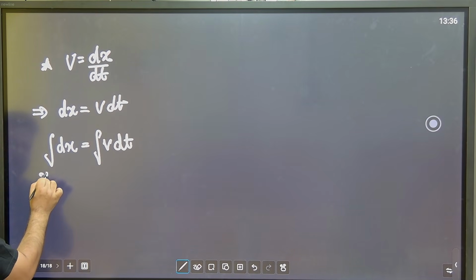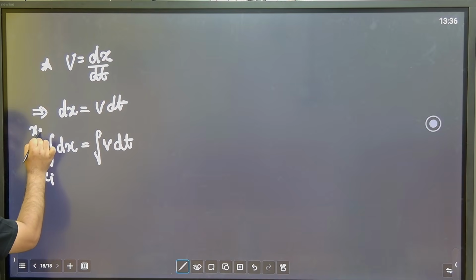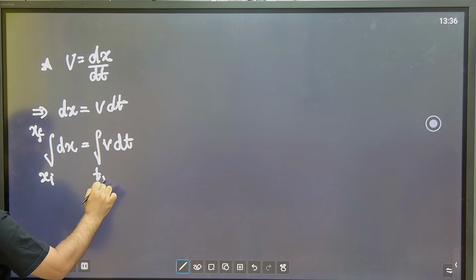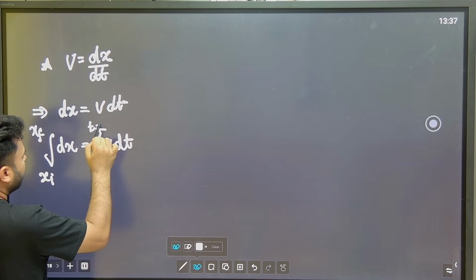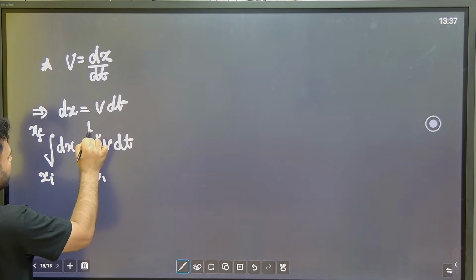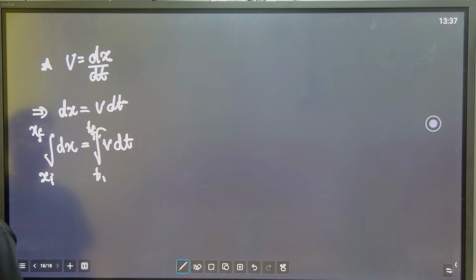So suppose from x initial to x final and time t initial to time t final, dx integration, you know, dx integration is x.